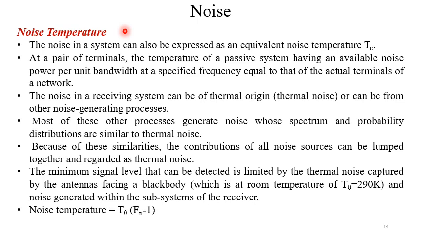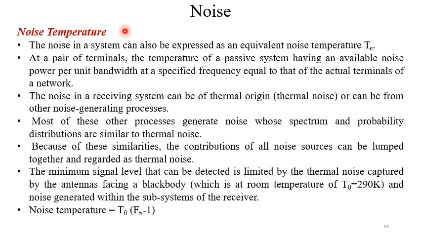The noise in a receiving system can be of thermal origin, called thermal noise, or can come from other noise generating processes. Most of these other processes generate noise whose spectrum and probability distributions are similar to thermal noise. Because of these similarities, the contributions of all noise sources can be lumped together and regarded as thermal noise.